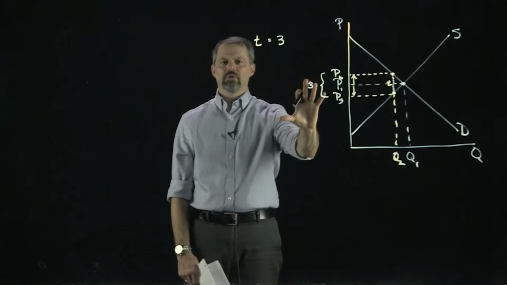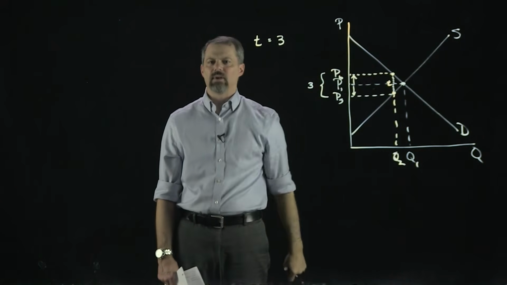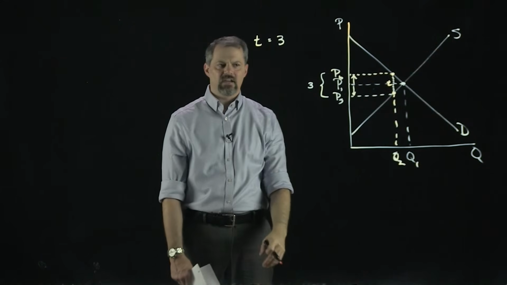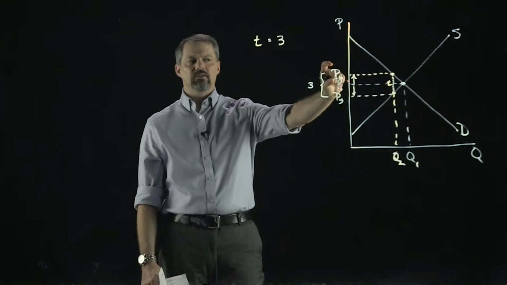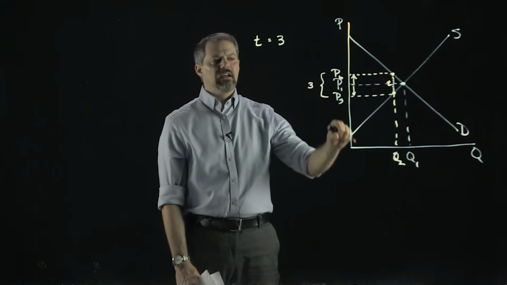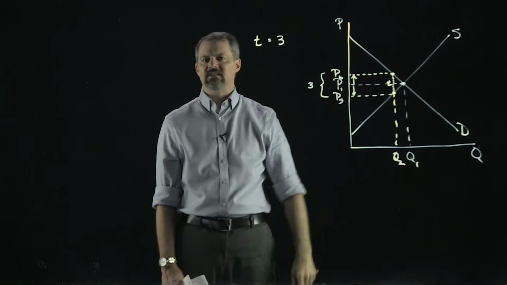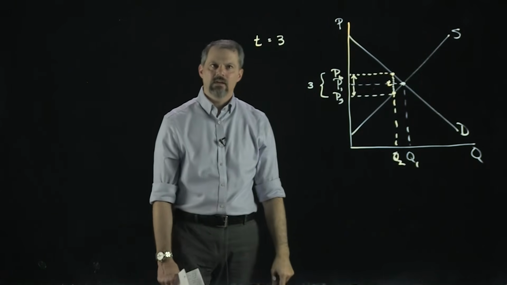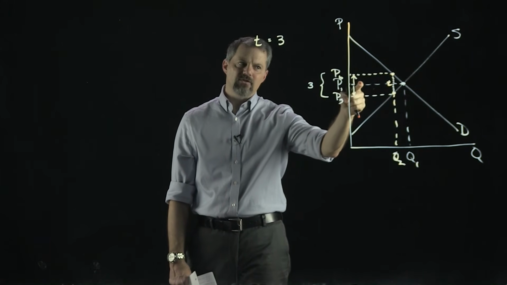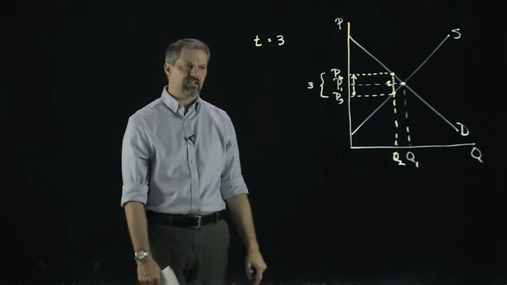I'll change the elasticity of the demand curve compared to the supply curve, and we can make more of the tax fall on one side than on the other. So it could be that $2 of the tax falls on buyers and $1 falls on sellers. Or 50 cents of the tax falls on buyers and $2.50 falls on sellers. But the burden that falls on buyers plus the burden that falls on sellers has to add up to the amount of the tax. Okay?